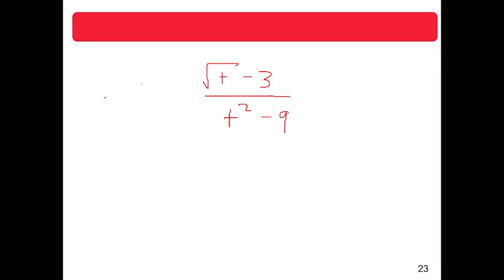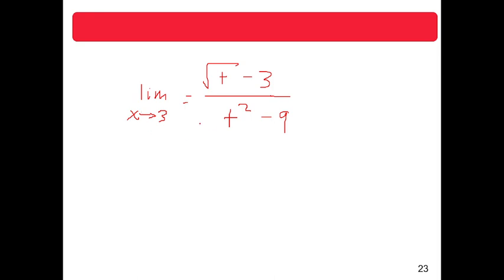Wherein, if this is your function, for example, and if we are going to find the limitation of this one as t approaches, let's just say, 9. What would be the value of this function?